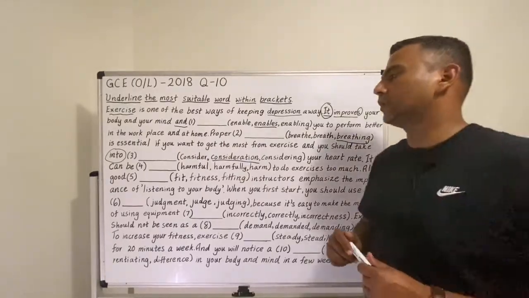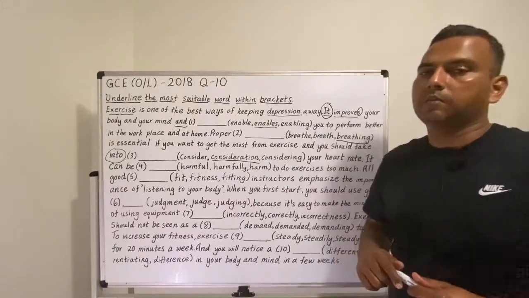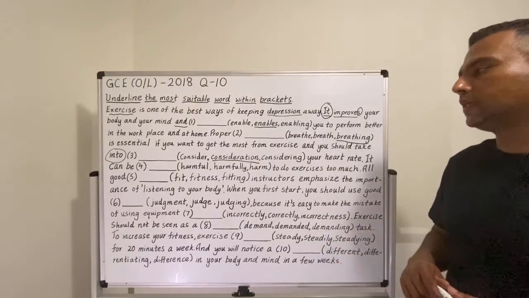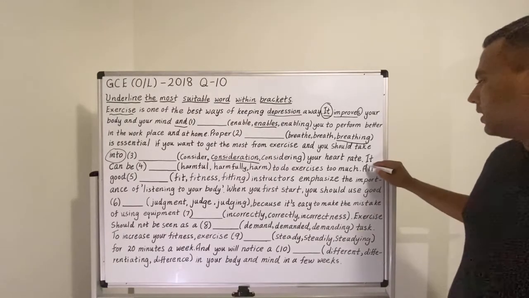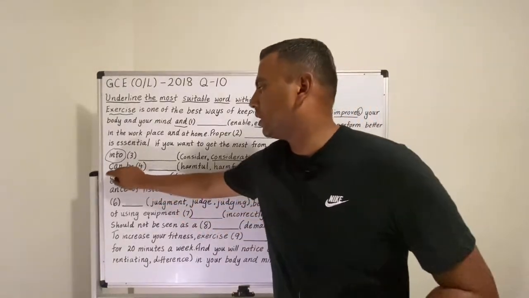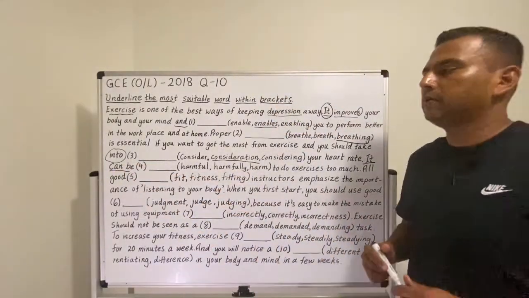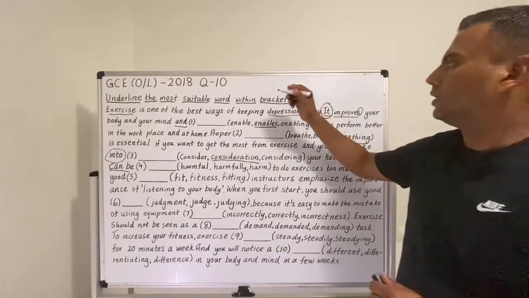When we exercise, it is very important to always pay good attention to our breathing rate and heart rate. Again they say "it can be". So here it can be, it's kind of a phrase that we use mostly.